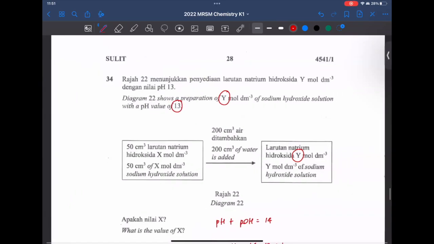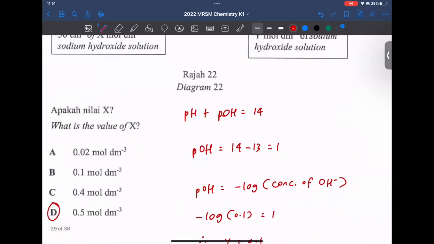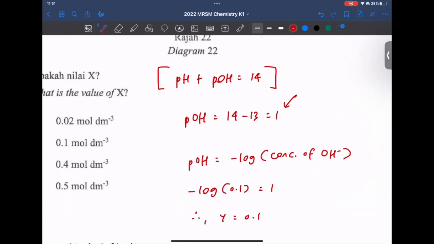So what we want to do right now is to calculate the pOH value first. Using the formula pH plus pOH is 14, we get pOH as 1. Then we calculate the value of Y using the formula for pOH, which is negative log concentration of OH minus.